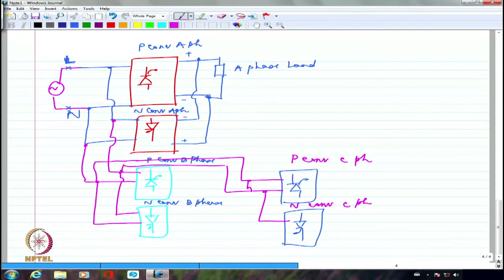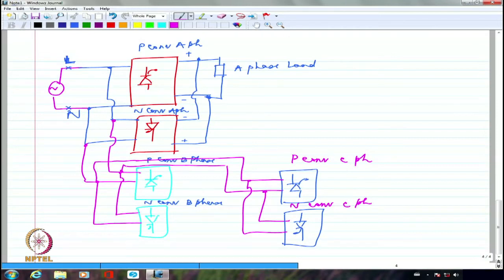All the inputs I have to connect. But when I give the firing pulses, I have to make sure that I give the firing pulses always to 1 and 4 together and 2 and 3 together as far as every converter is concerned. And if 1 and 4 are conducting during the positive half cycle, I better connect them in such a way that they conduct during the positive half cycle of the input supply voltage. These things I have to take care of.